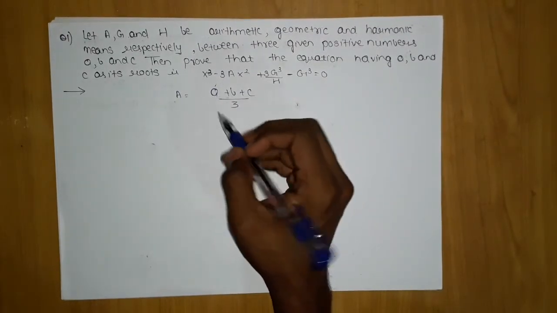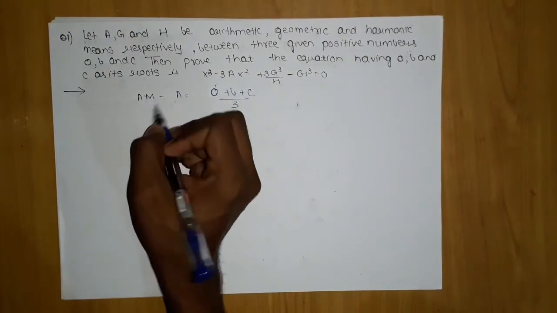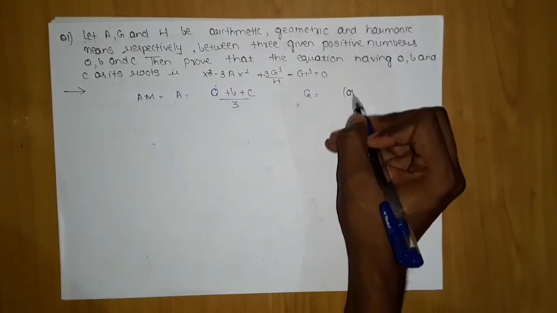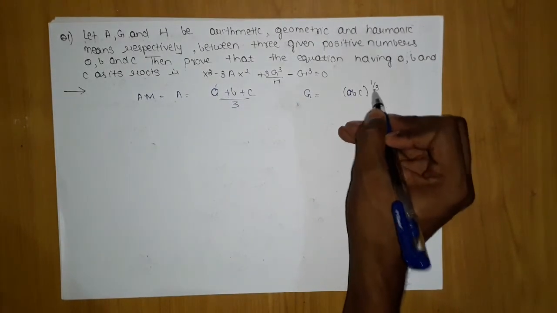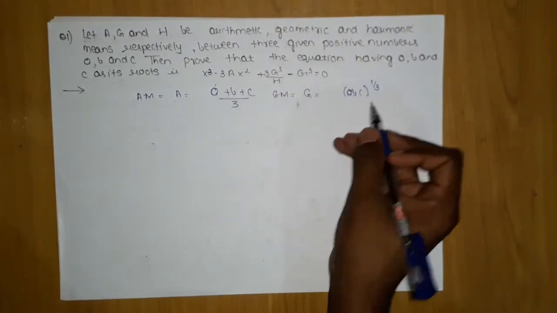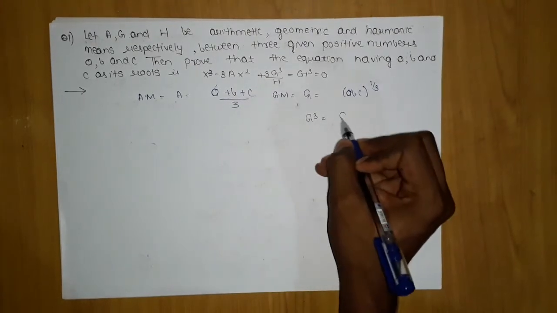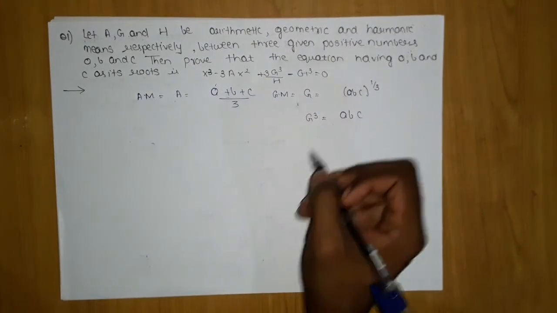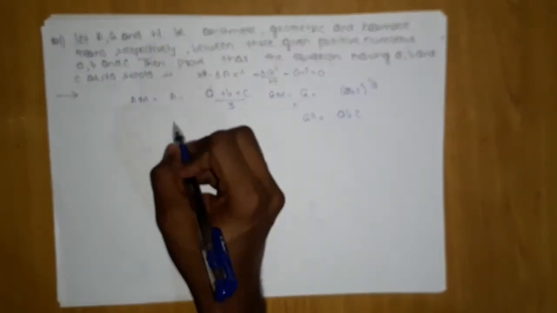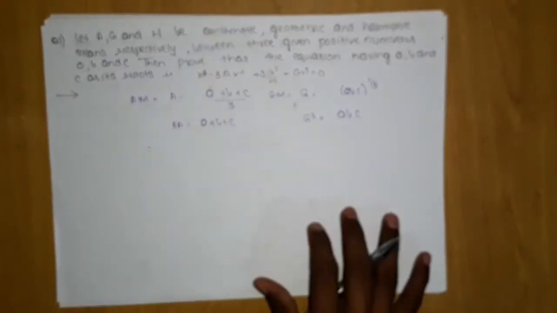Here we got the arithmetic mean, which we represent by A. Similarly, the geometric mean will be (abc) to the power 1 by 3, which we represent by G. We will move this 1 by 3 power across, which will become G cube equals abc. So we got our G cube value, and we have our A value. We can get 3A, which will be nothing but a plus b plus c. So we got two things.